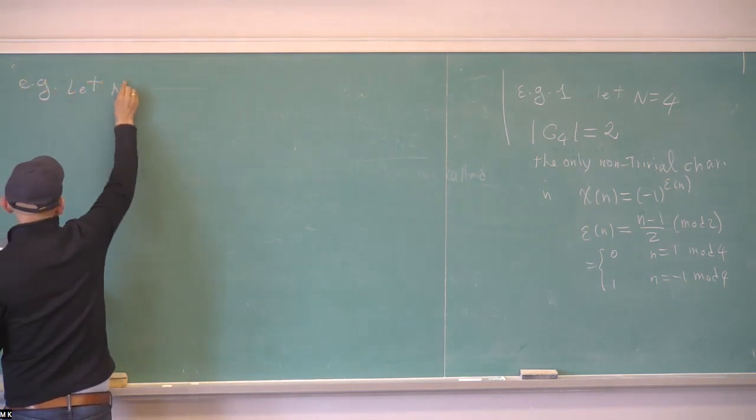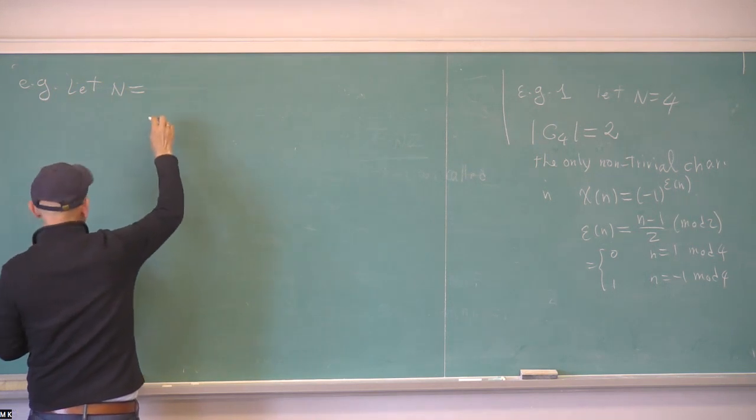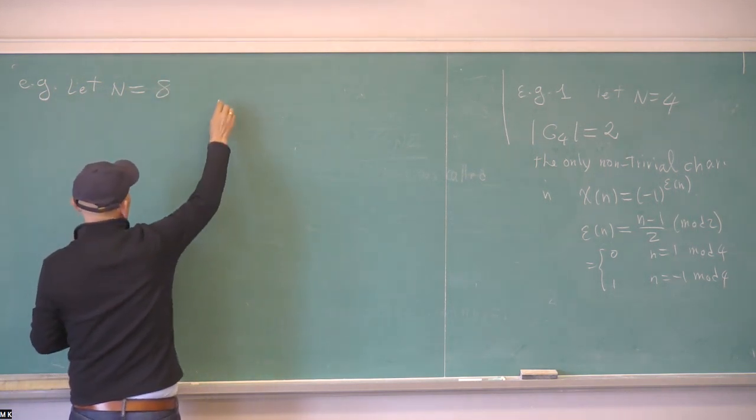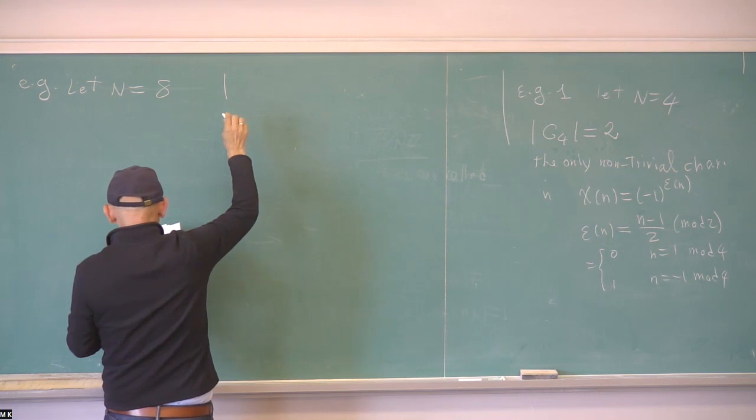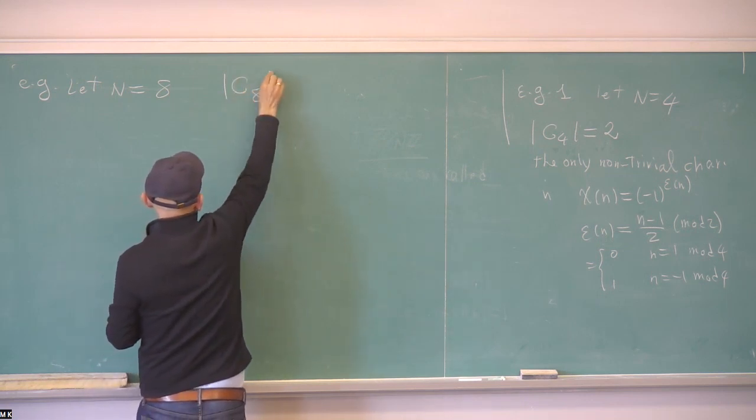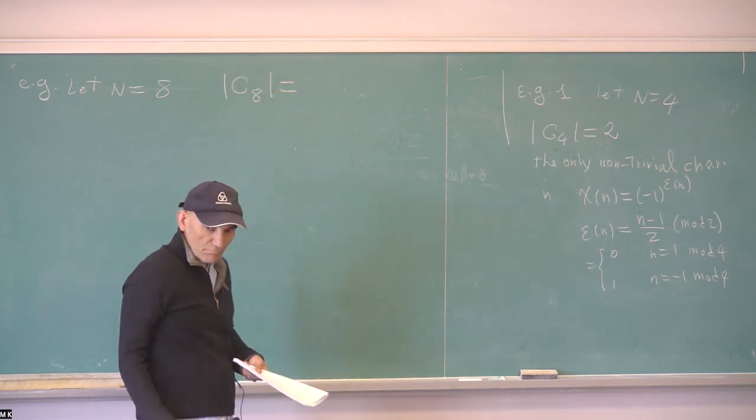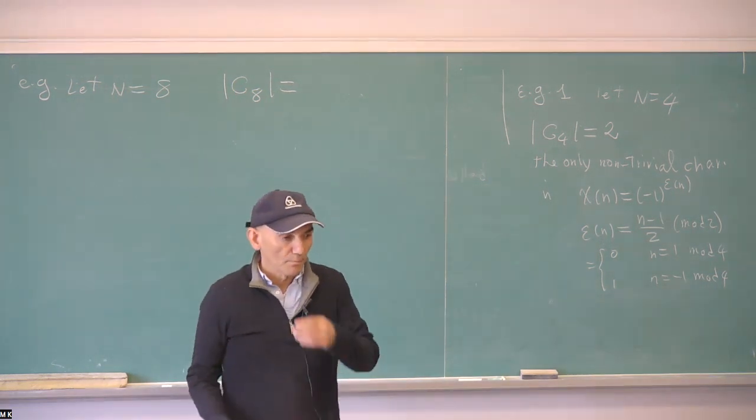Let n be equal to 8. Now the group G8 has 4 elements.